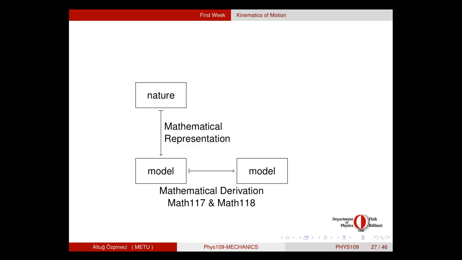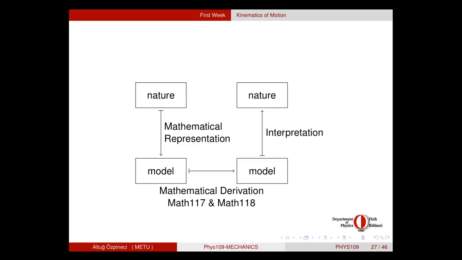And then once you have the numbers, you can just play with those numbers using mathematics, using the tools that you will learn in your calculus courses this semester and the next semester. And in fact, calculus was invented by a physicist, at least one of them was a physicist. He just needed tools to manipulate this mathematical model of nature, and he invented them.